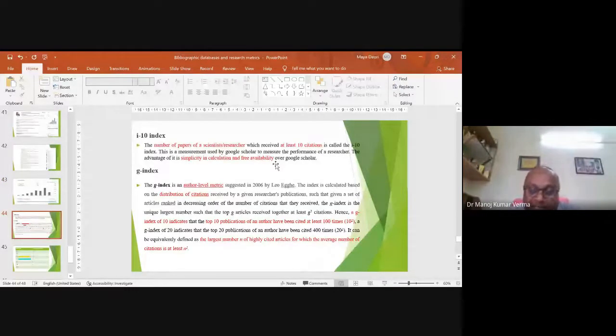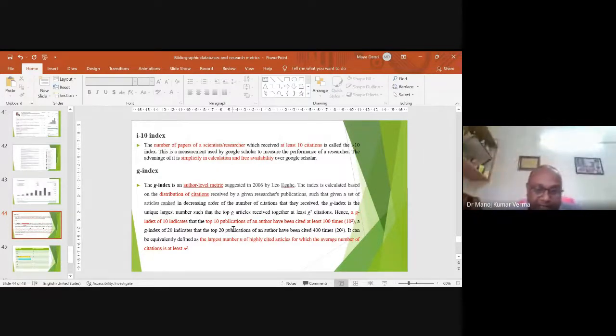If I say my G index is 5, it means my 5 publications have at least 25 citations. If my G index is 10, it means my 10 papers have a minimum of G square, 10 squared, equal to 100 citations.